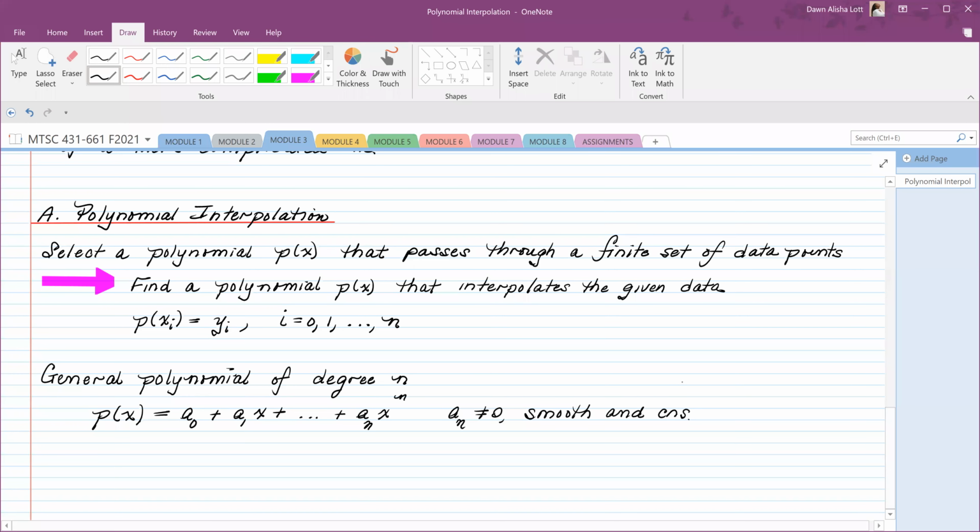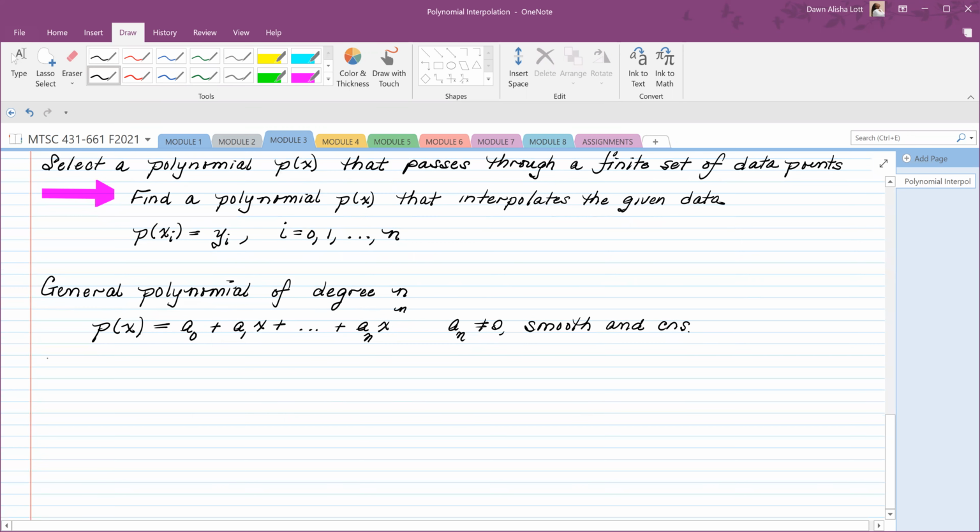Okay. So here's a theorem. It's called the Weierstrass approximation theorem.